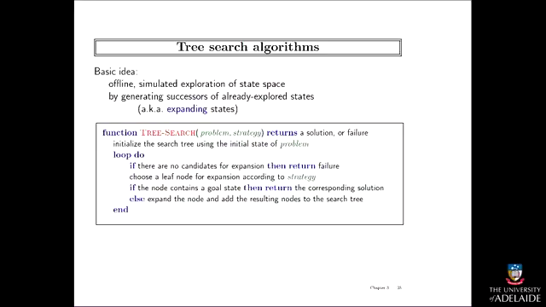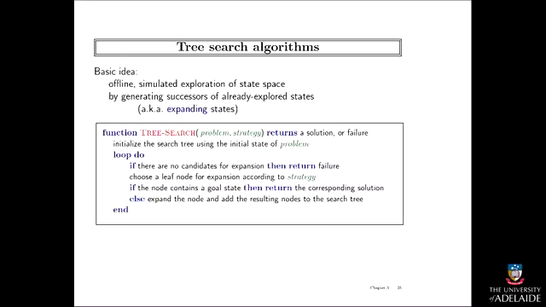So we initialize the tree search using the initial state of the problem, and then we're just going to loop. And the loop is, if there's no candidates for expansion in our tree, no further actions that we can take, then we'll return failure. We haven't succeeded in reaching the goal state. Otherwise, we're going to choose a leaf node for expansion according to some strategy. So the strategy will tell us which node to choose.